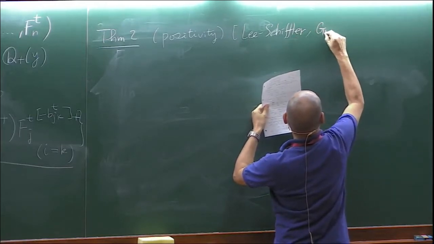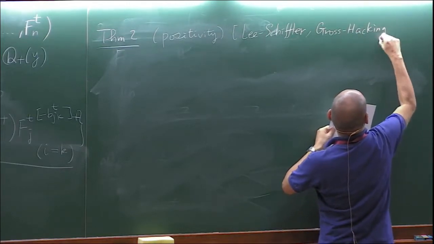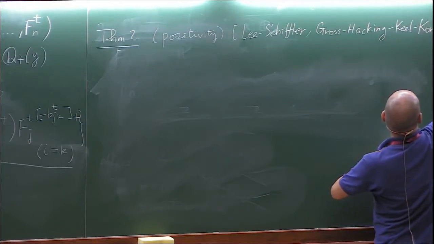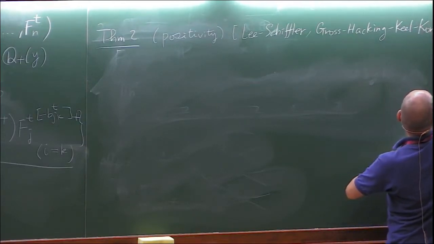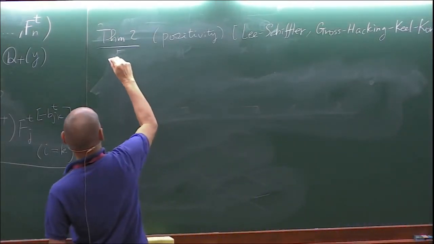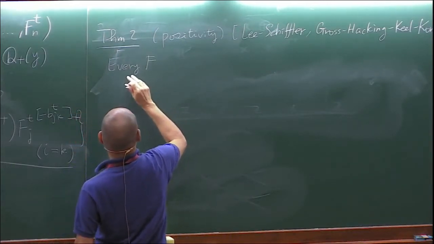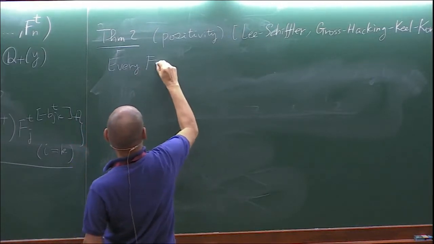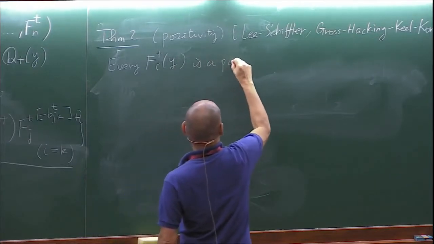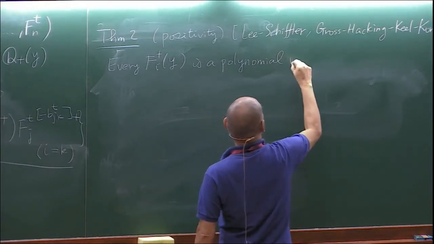And Gross–Hacking–Keel–Kontsevich proved it in the general case by other methods: every f_i,t(y) is a polynomial with positive coefficients.